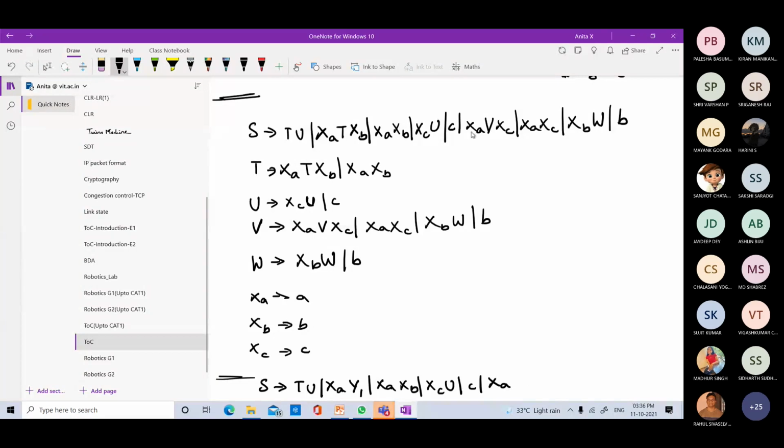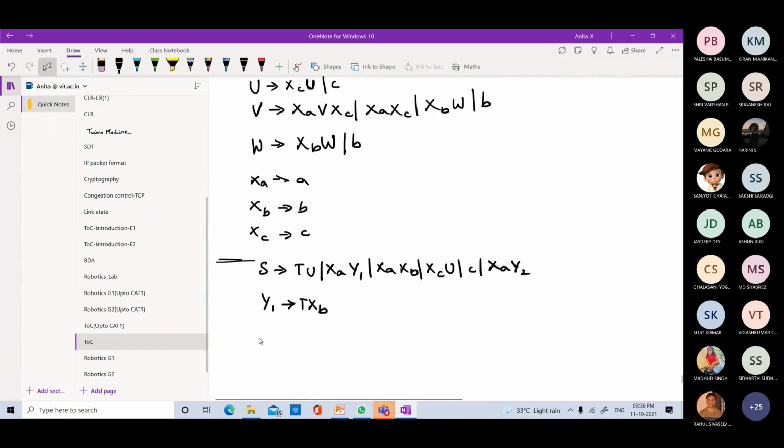What can I do? So here instead of this, I can make Y2. Y2 derives Xb, Xc, right?